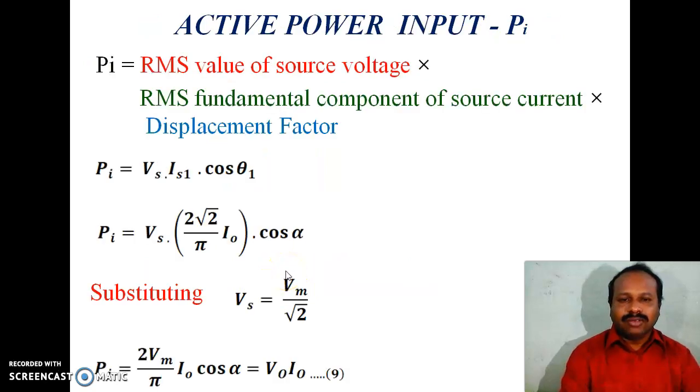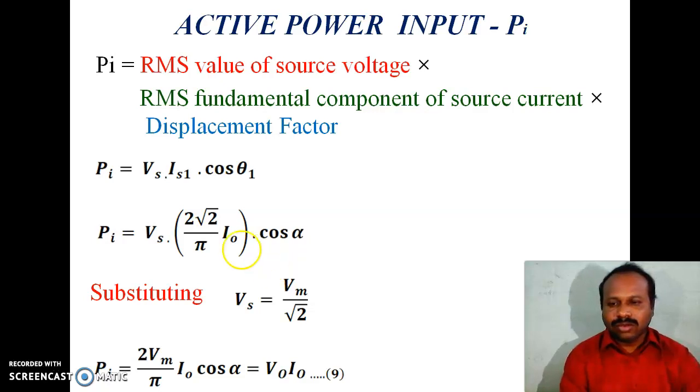Next one, active power input, represented by PI. The formula to find PI is the RMS value of source voltage Vs into the RMS fundamental component of source current Is1 into displacement factor cos theta 1. So PI equal to Vs Is1 cos theta 1.